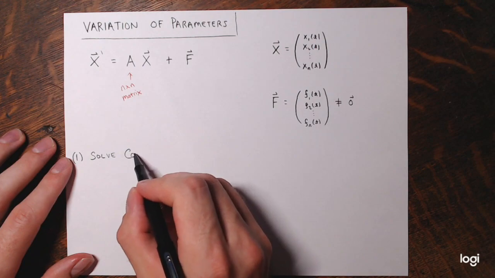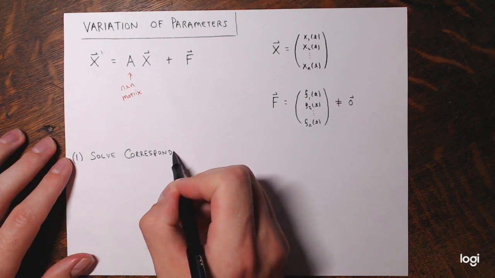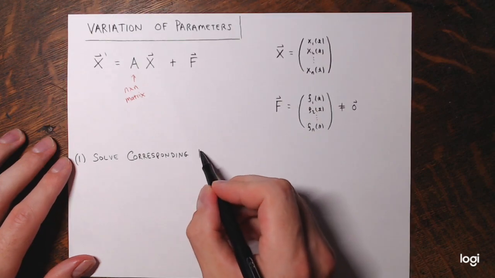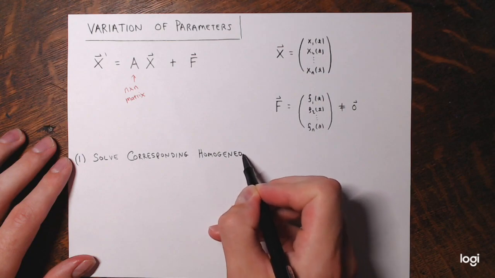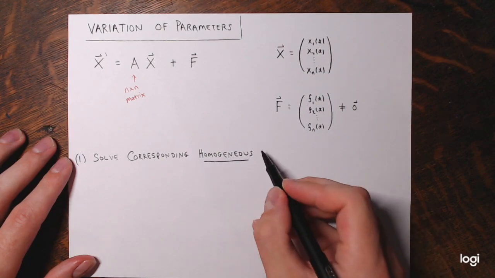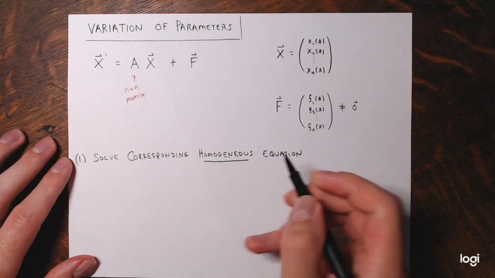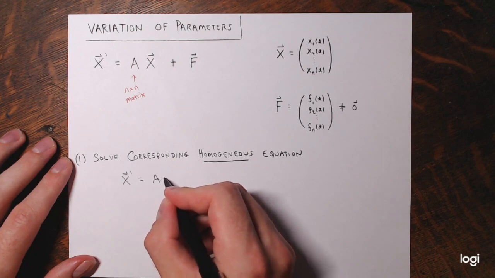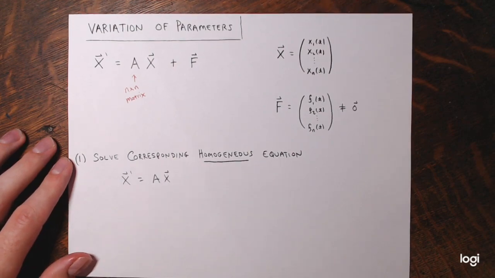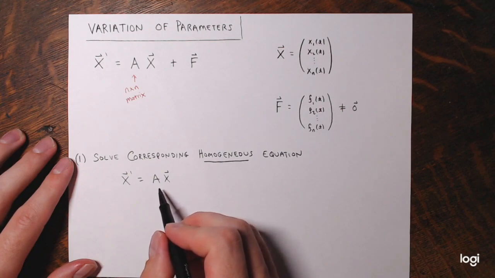So we solve the corresponding homogeneous system, which is this, x prime equals just A times vector x. And hopefully you recall how to do this.